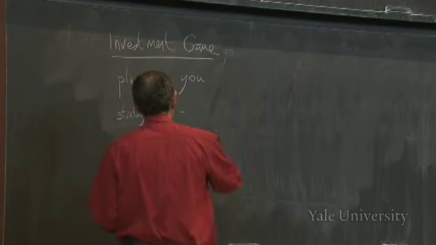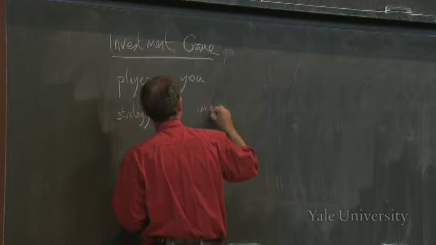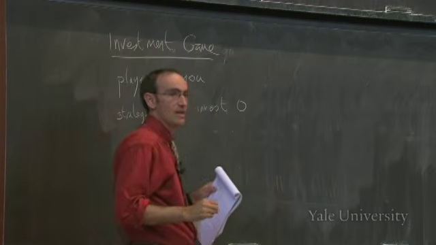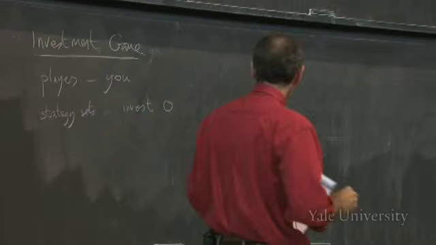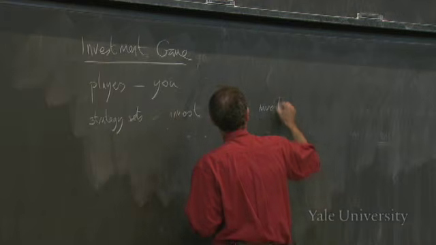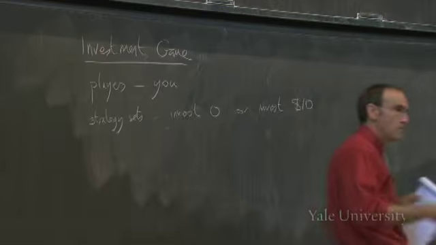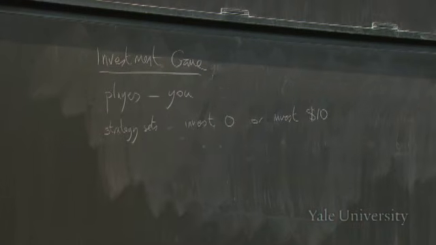Each of you can choose between investing nothing in a class project, 0, or investing $10. I'm sometimes going to refer to investing nothing as not investing. Is that okay? It seems like a natural thing. So you're either going to invest $10 or nothing, i.e. you're not going to invest. So that's the players, and those are the strategies.